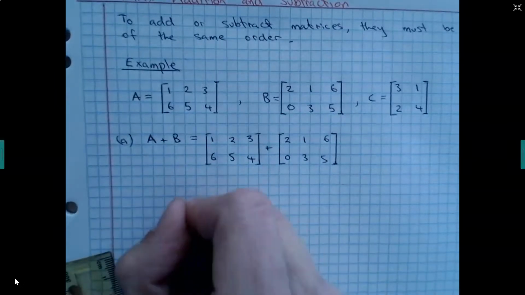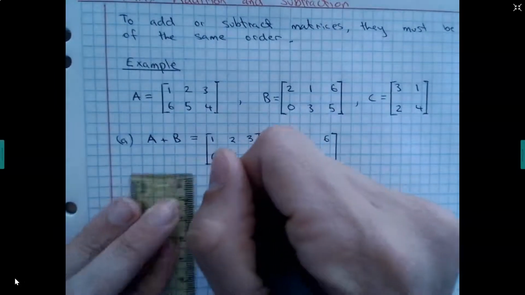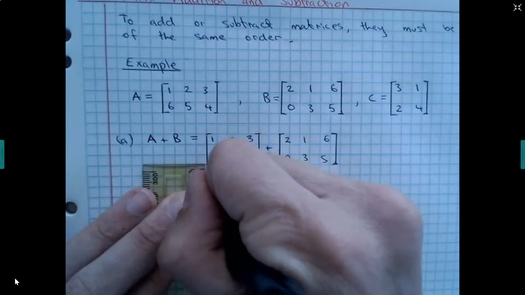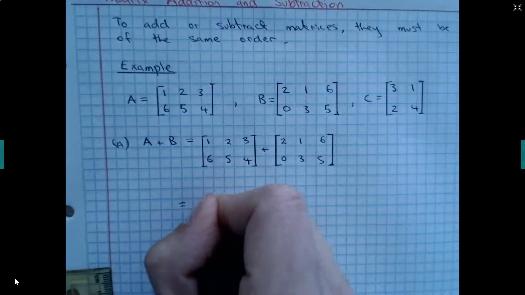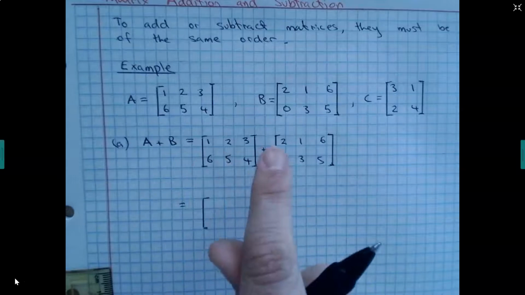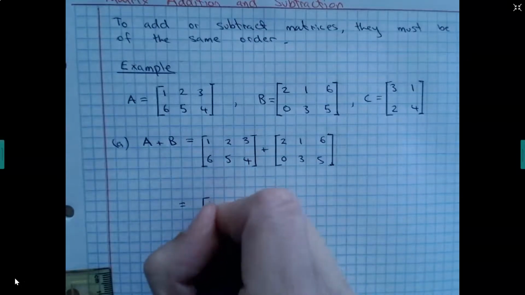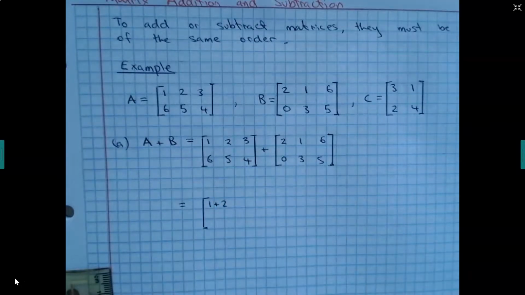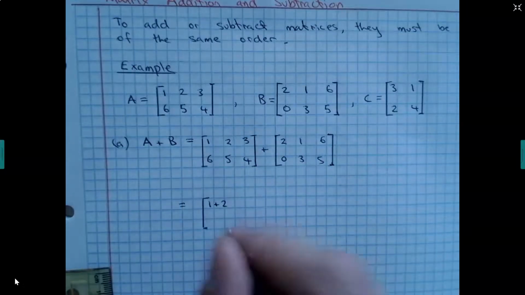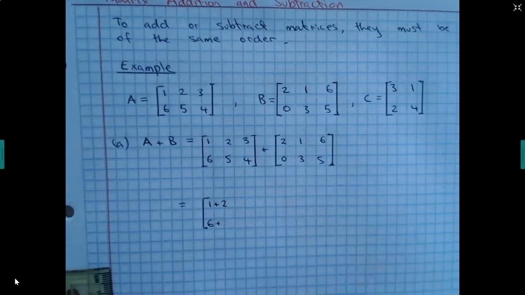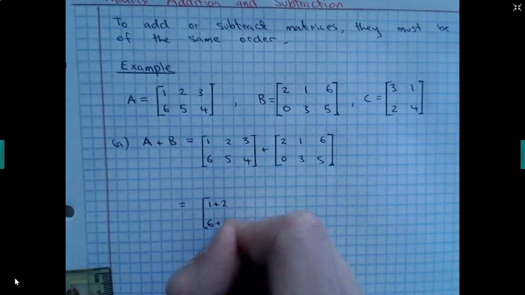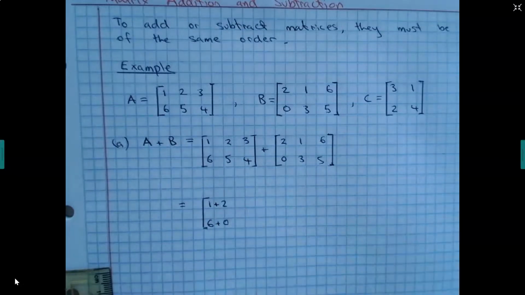So this would be equal to 1 plus the 2. See how they're in the same position in each of the matrices? The 1's there, the 2's there. Then this one here would be 6 plus the 0, because they're in the same position.